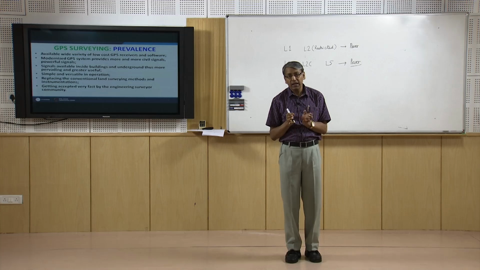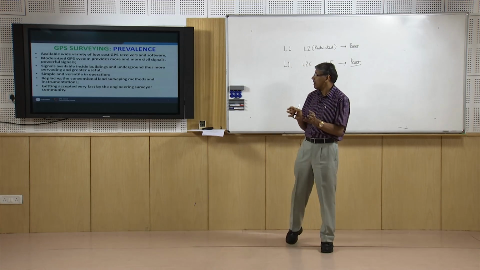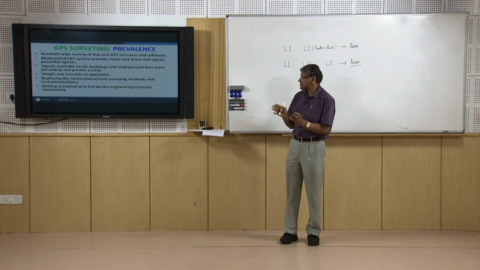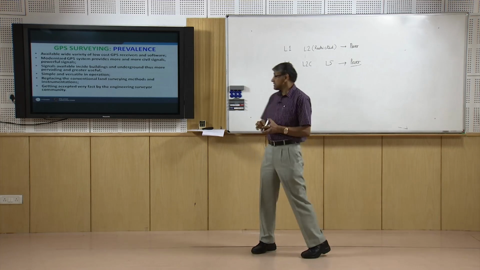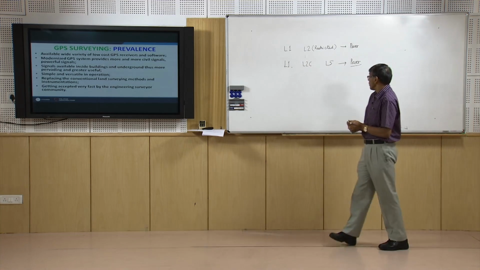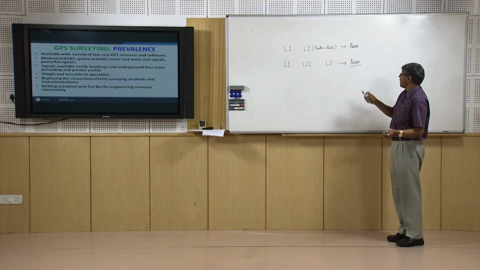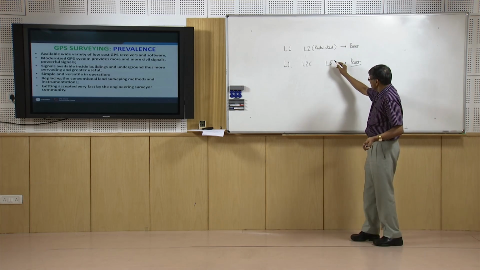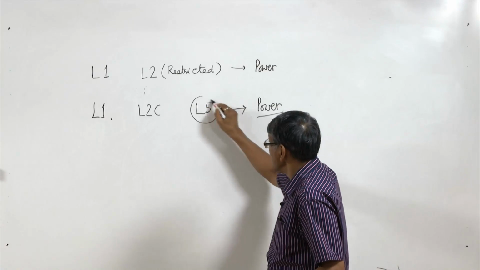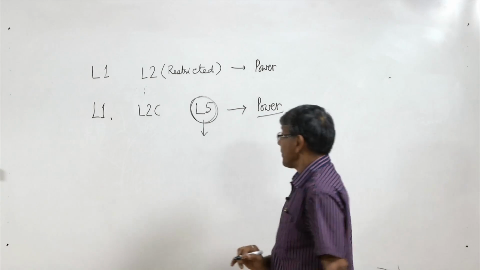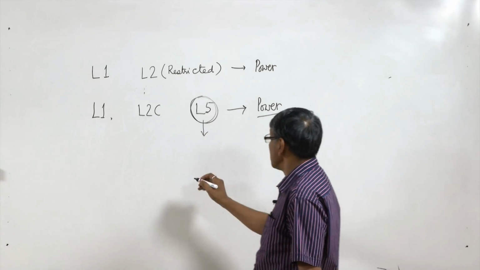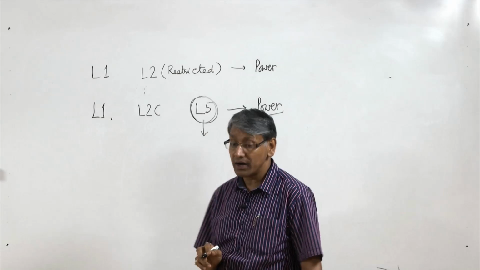So there is availability of good quality receivers economically, availability of software, and reliability of better signals. Not only is it powerful and greater in number, nowadays the L5 signal is also available inside buildings as well as underground.